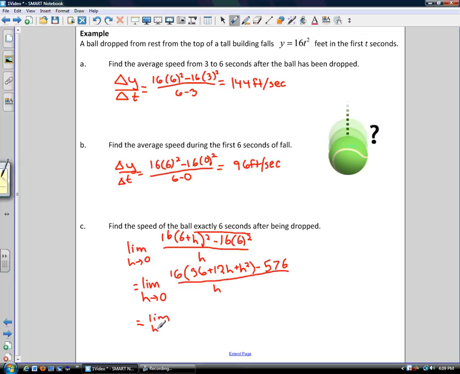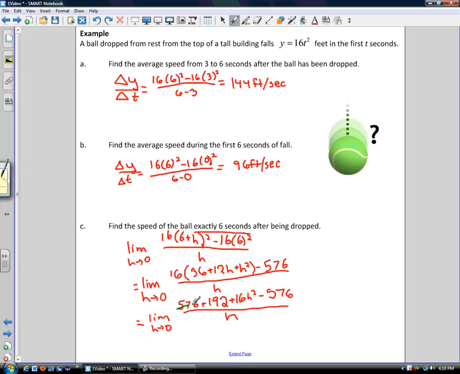Still haven't taken the limit. 16 times 36, well, I just did that, so that's 576. Plus 16 times 12, I don't think I've done that yet, plus 192h, plus 16h squared, minus 576, oh, doing real well. Okay, so already I can see that my 576s are going to cancel out.